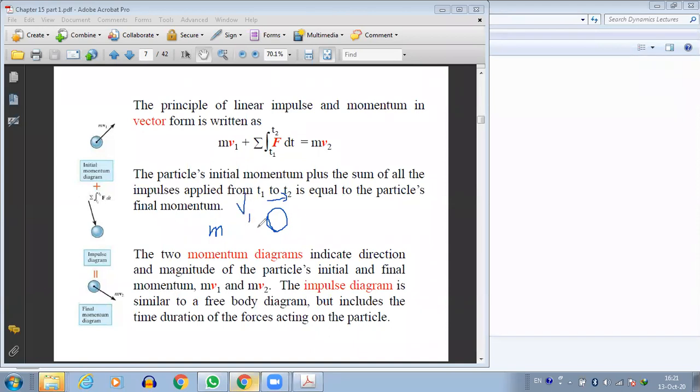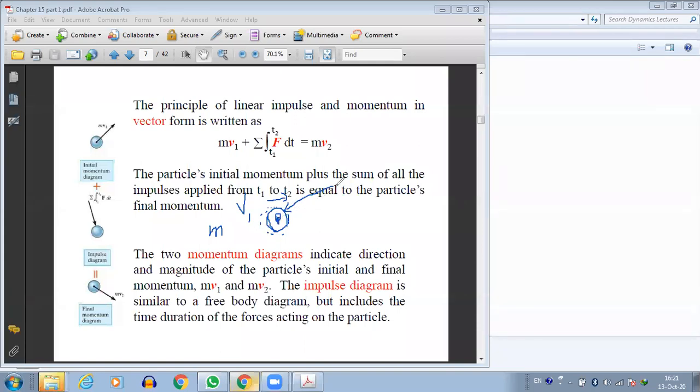Let's define the boundary of the object, this dotted boundary. Suddenly an impact is made over the object. When we say the impact is made, we consider the impact which is made on the boundary. If something is happening inside, we are not concerned with it.